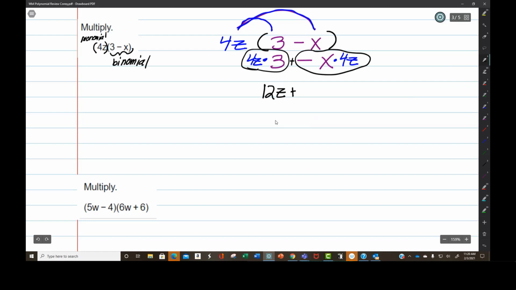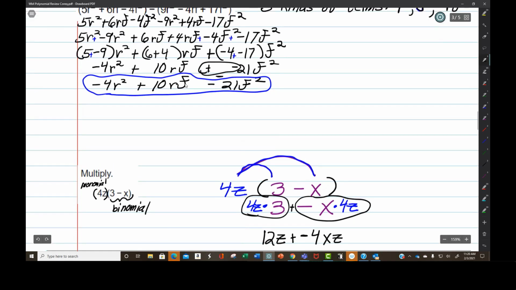And if I want to, I can keep the plus sign there for a minute. I have minus x times 4 times z. Well, we always pull the number out to the front. Negatives definitely go in the front. Negative, then move the 4 on out, and then try to write the variables in alphabetical order. Obviously, that's not an absolute requirement because our F was definitely not in alphabetical order.